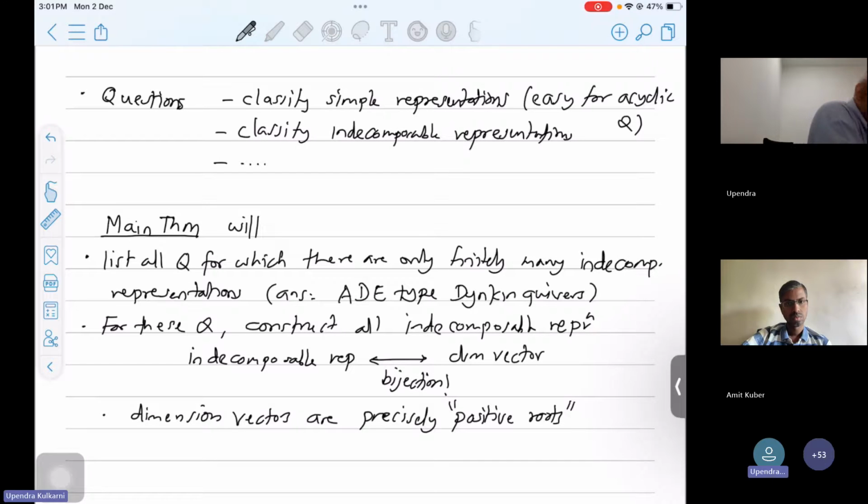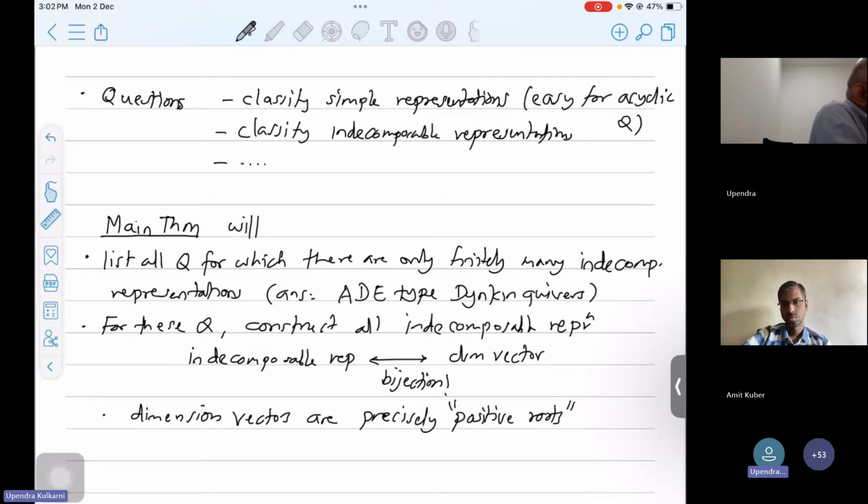One feature of these diagrams is that they're all trees. The underlying graphs themselves have no cycles, directed or not, doesn't really matter. Part of this result we will be able to prove either in today's or tomorrow's tutorial: if the underlying graph of a quiver has a cycle, then it cannot have only finitely many indecomposable representations.